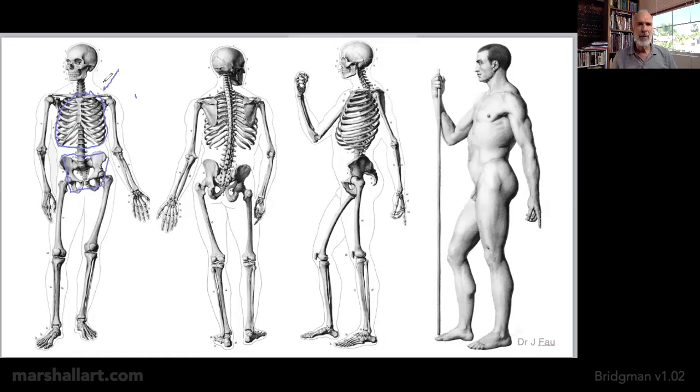The shoulder girdle we'll look at more closely, but using our proportional measurement, we know that the sternum is 1 head width. The collarbone or clavicle is 1 head width. On the back, the height of the shoulder blade or scapula is 1 head width.